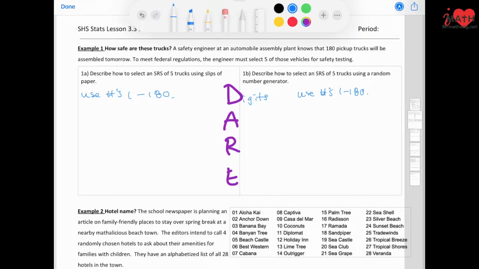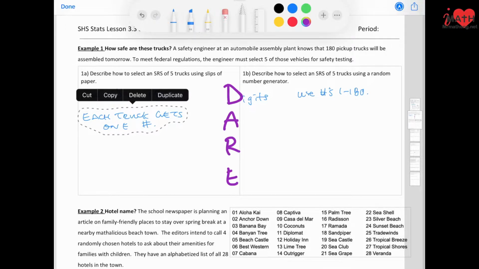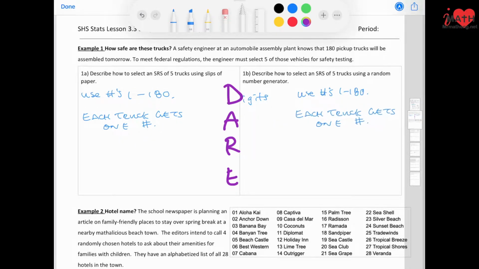Basically, each truck gets one number, right? Truck 1 goes to number 1. Truck 2 gets number 2. That's how I'm going to assign the numbers.